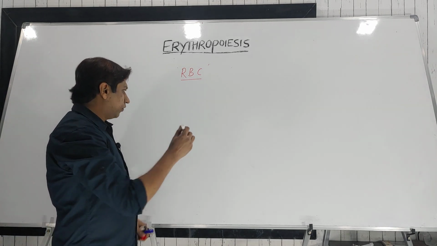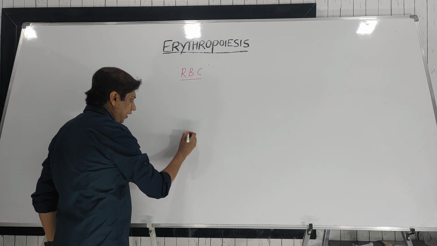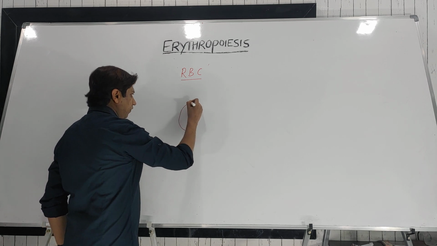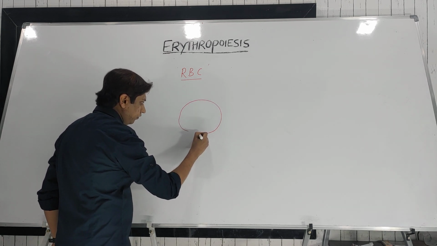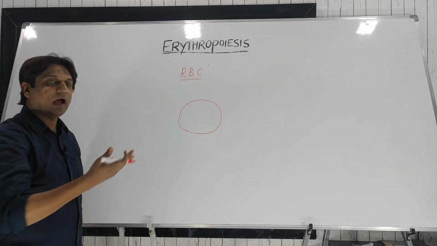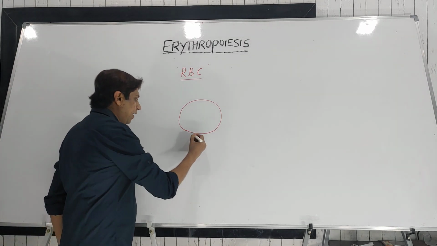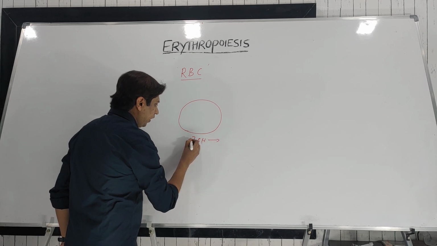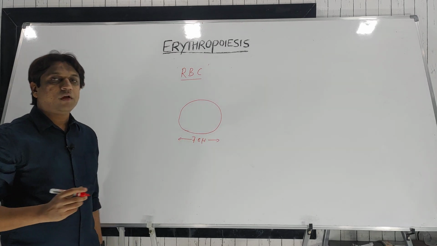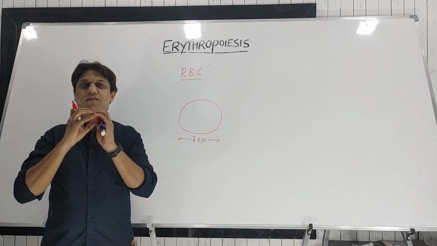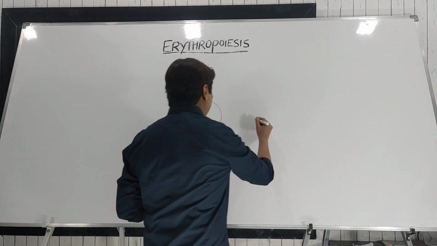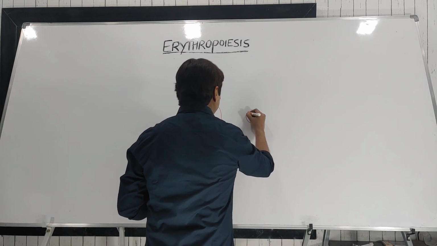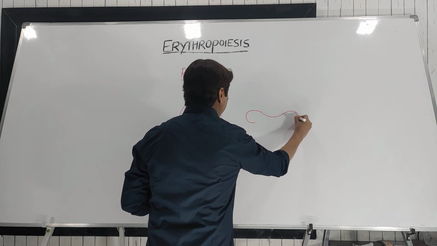So RBC is basically a biconcave circular disc. If you see from the top, it will appear like a circular disc having a diameter of around 7.8 microns. You can take it as 7 to 8 micrometer. But if you see it from this side, it will appear as a biconcave dumbbell shaped structure like this.